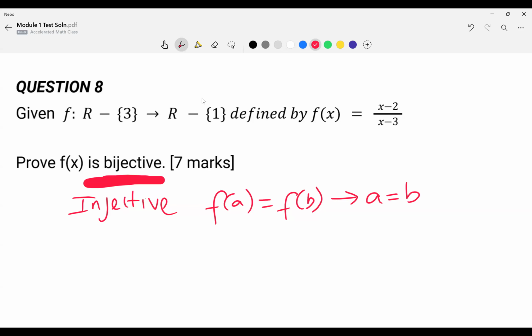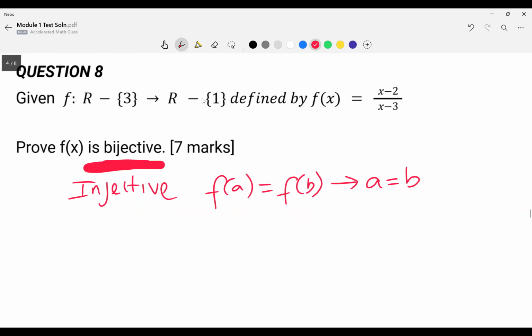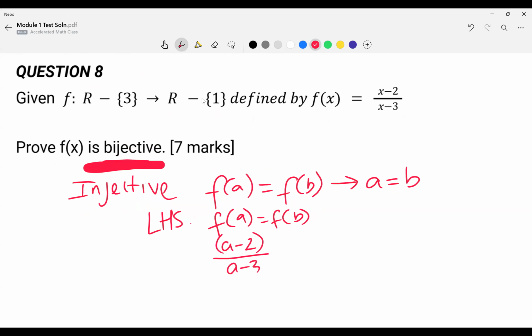So all I have to do is start with the left-hand side, which is that f of A equal f of B. We get A minus 2 over A minus 3 is equal to B minus 2 over B minus 3.